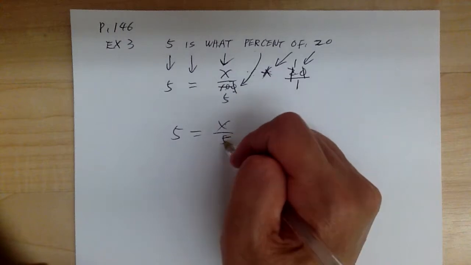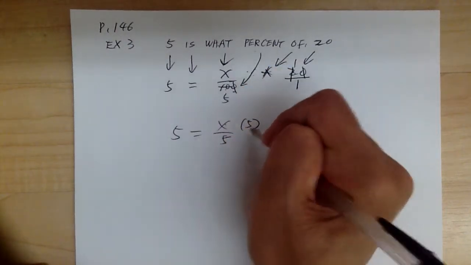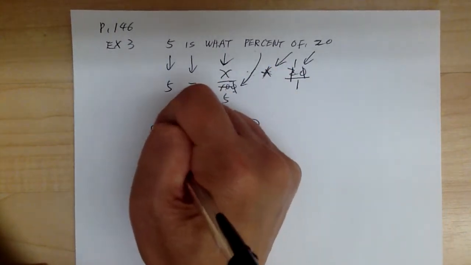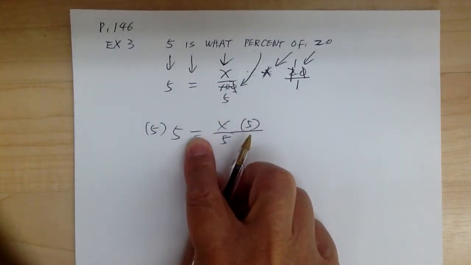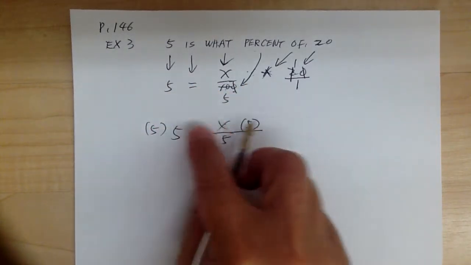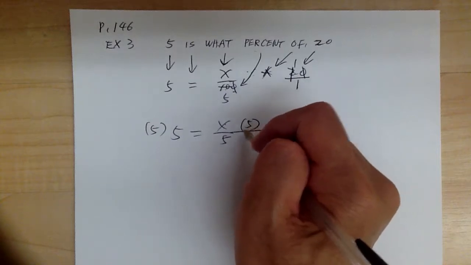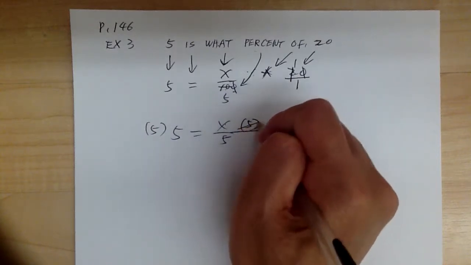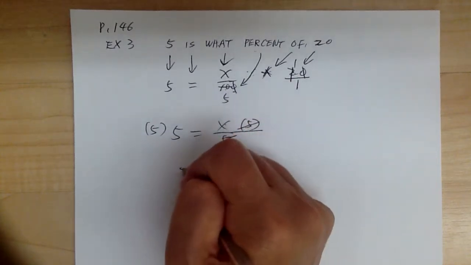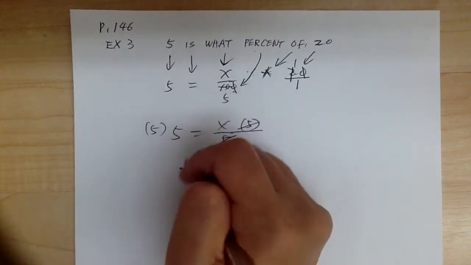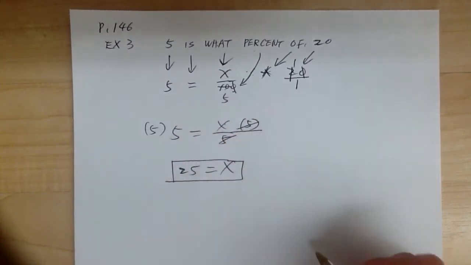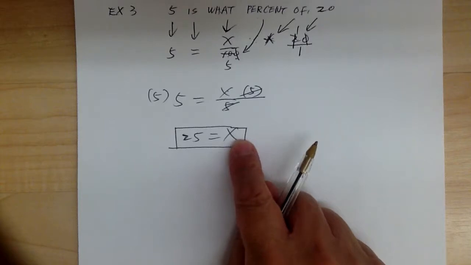So undo the divide by 5, you need to multiply by 5. You multiply by 5 on both sides. That's what equal means: whatever you do on one side, you do exactly on the other side. So you do the opposite so that you can cancel out. So x equals 25. Now in the book you use p, but let's use the x.